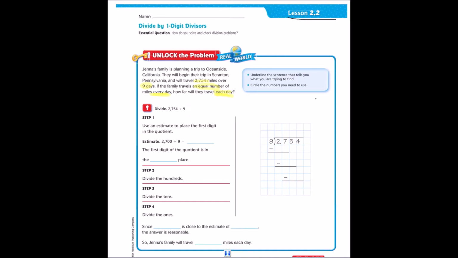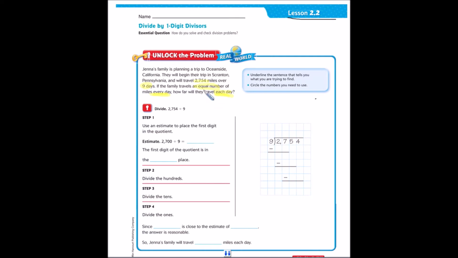So I have to think to myself, first, what is this problem asking us? We have to find which sentence tells us what we're trying to divide. You need to circle the numbers that you need to use.